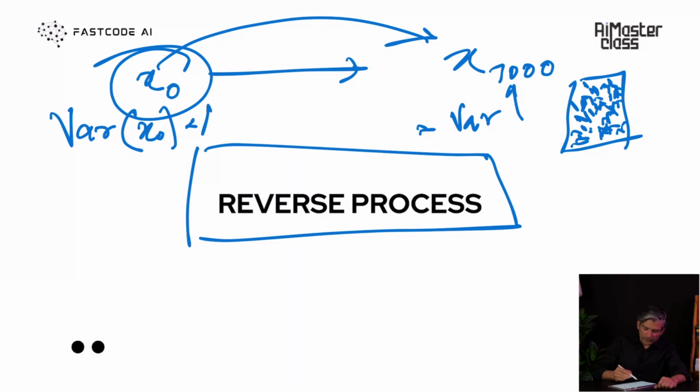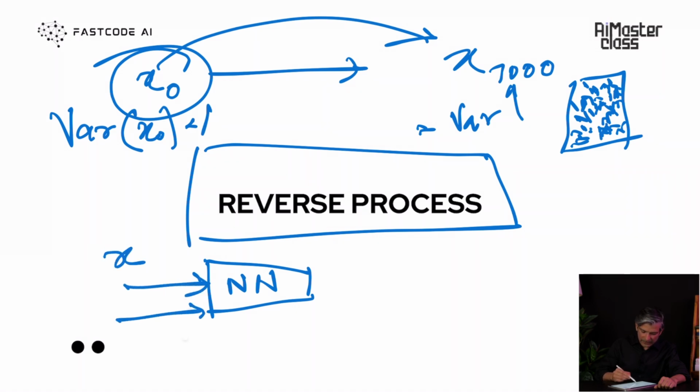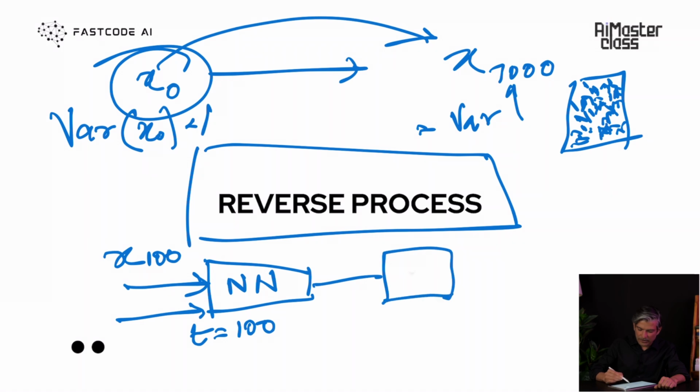In the reverse process, we will have a neural network, and our neural network will basically take some x and some t. So let's say we give it x100, and we also give it t equal to 100, and it will produce noise. It will tell me how much noise is in x100 for it to lead to x0.